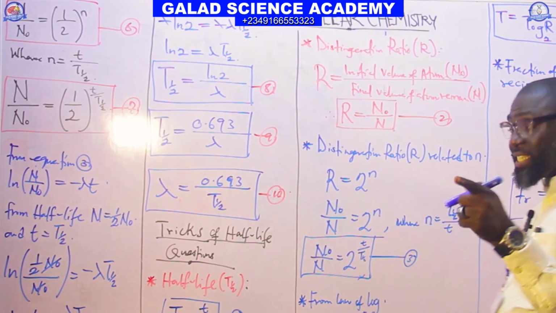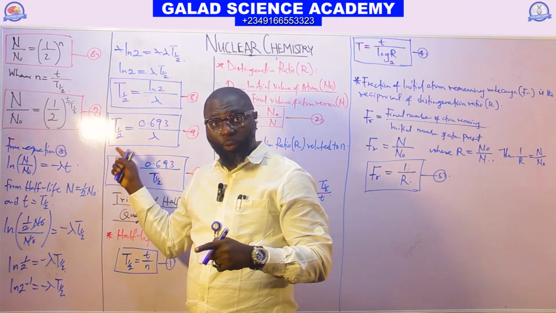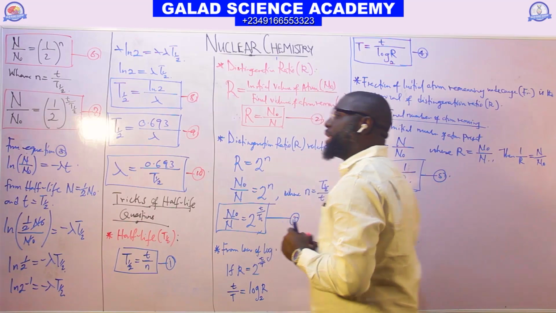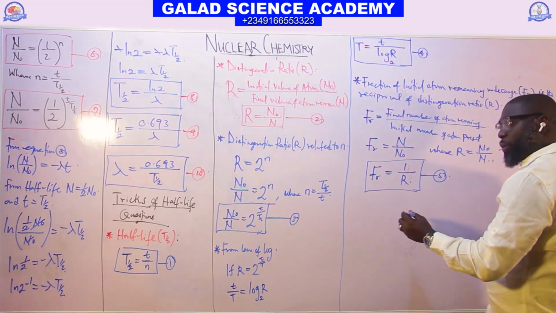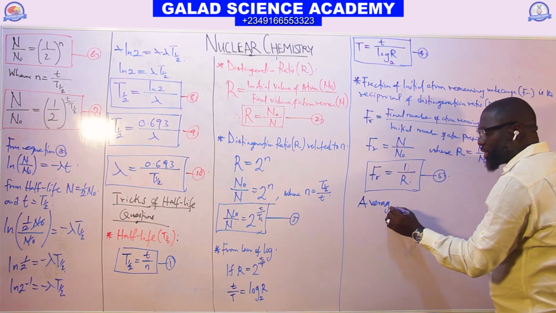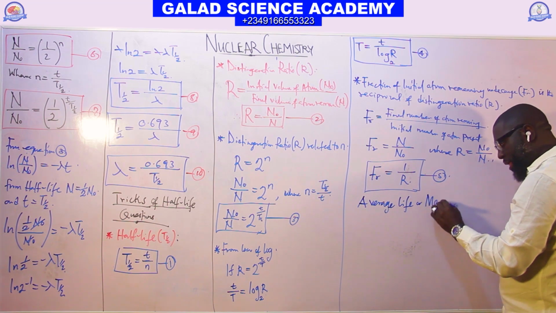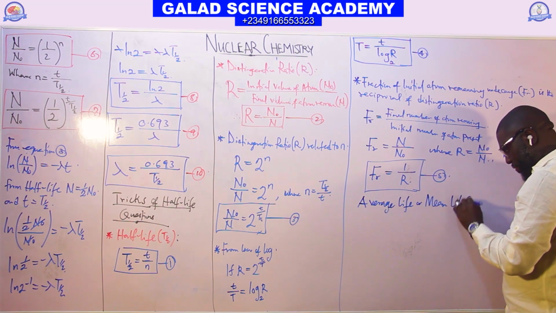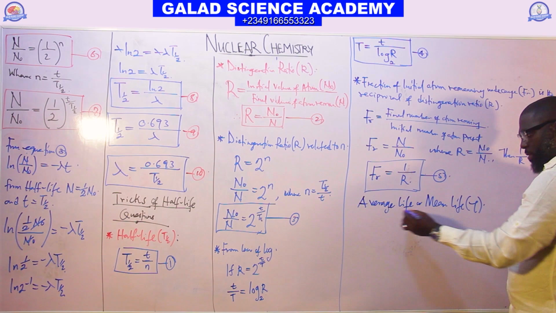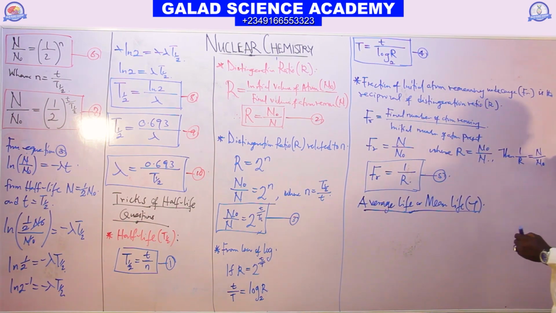Sorry, lest I forget, before we wrap it up and solve numerical problems on half-life, let me add this, please. We have what we call average life, or mean life, of radioactive elements.